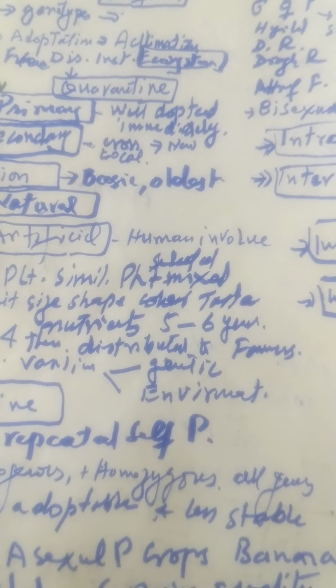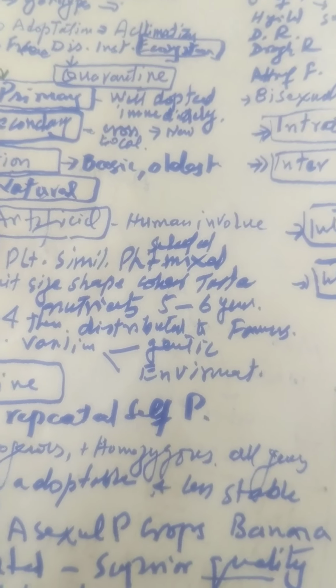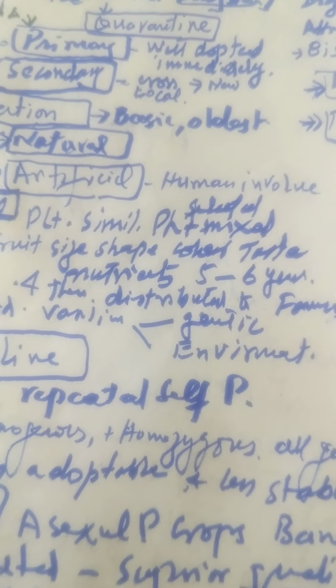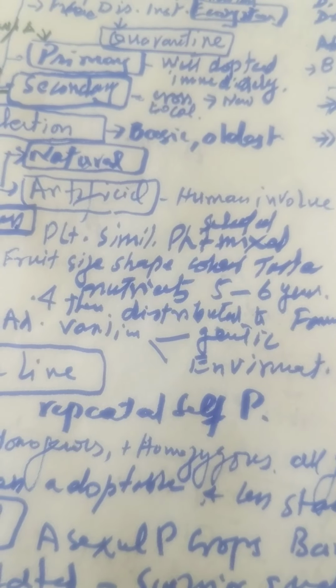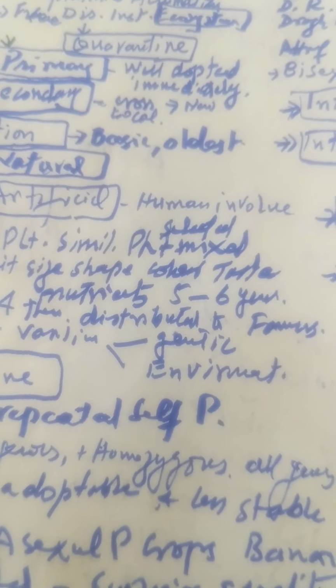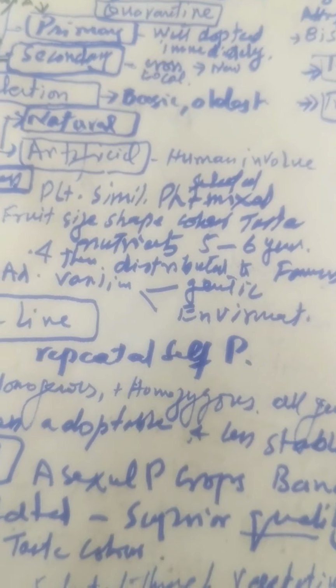This process is repeated for 5 to 6 years and then the variety is distributed to the farmers. The disadvantage of this method is that a variety having a slight change cannot be recognized as to whether it is due to genotypic or environmental change.